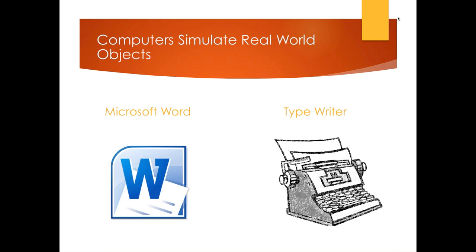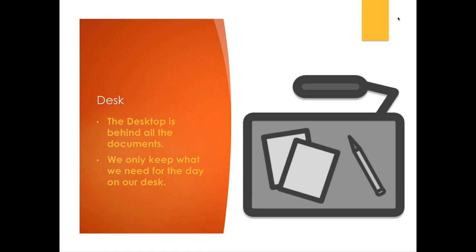So if you're walking into your office or cubicle first thing in the morning, or maybe you're going to work on some homework, where would you go to? Well, the first place you go, usually, would be your desk, right? So when I walk in in the morning, I go to my desk, and I have the files and different things that I need to use for that day on my desktop.